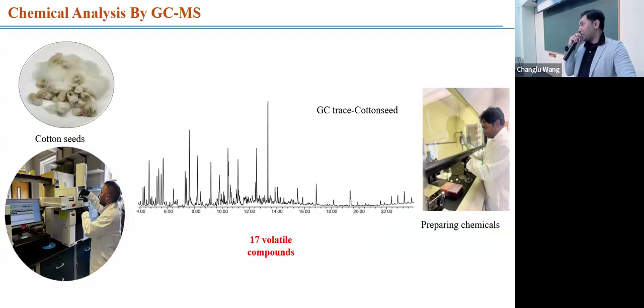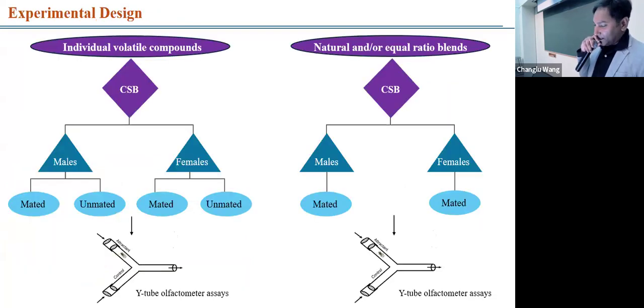We got a total of 17 volatile compounds. I cannot tell you what the compounds are because of the patent issue. We applied for a patent, so I was not able to tell you what kind of chemicals we got from there.